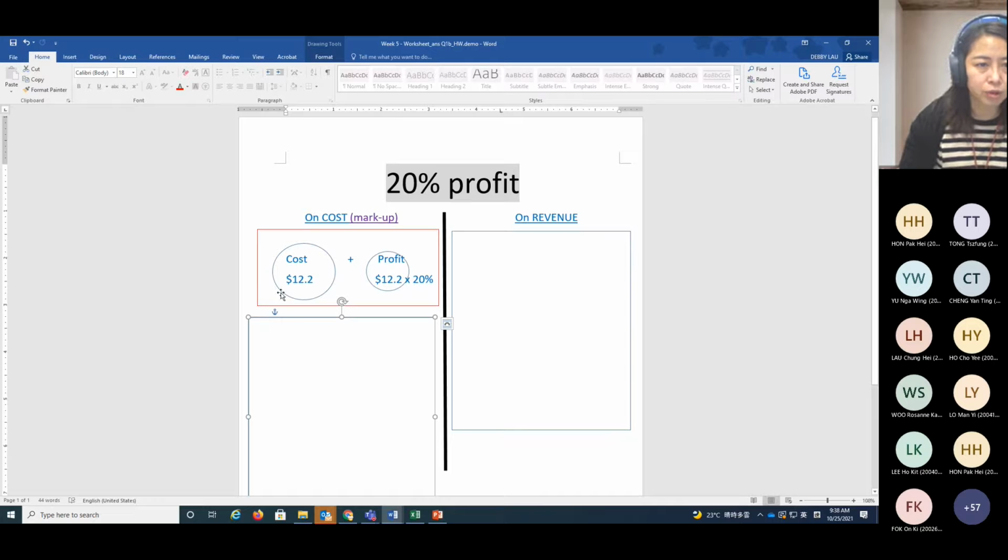So cost plus the profit, so you can set the selling price. So we call this profit on cost or the markup theory, OK.